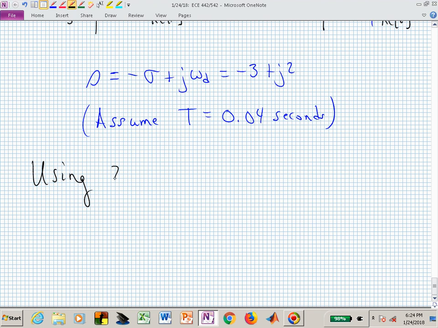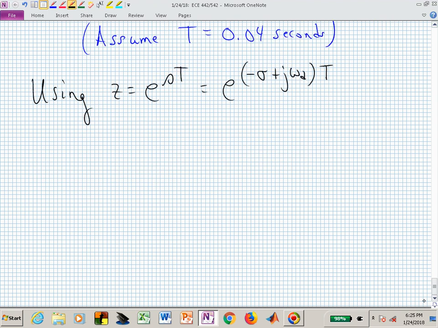So now, using Z is equal to e to the st, parameterized the way we have parameterized S as minus sigma plus j omega sub d, you need to get comfortable with complex exponentials. But you know how to play with exponentials. That T we can distribute through the minus sigma plus j omega sub d, and we end up with e to the minus sigma t plus j omega sub d t.